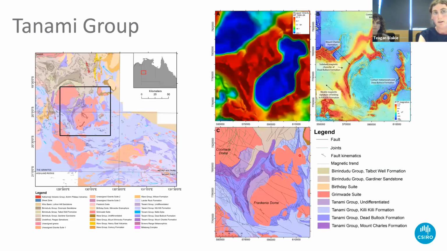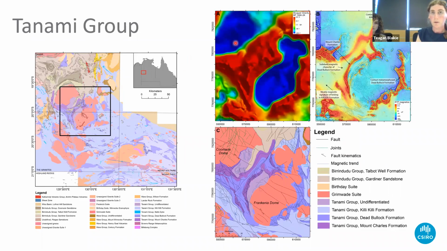So having a look at some key areas in a bit more detail and looking at the geophysical response. This image here shows the Tanami group in the areas surrounding the Camarian-Frankinia dome, crossing the Tanami and the Granite map sheets.